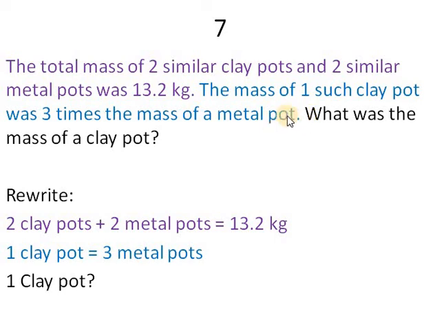I rewrite: one clay pot is equal to 3 metal pots in terms of mass. The question was, what was the mass of a clay pot? So I put: one clay pot is question mark.